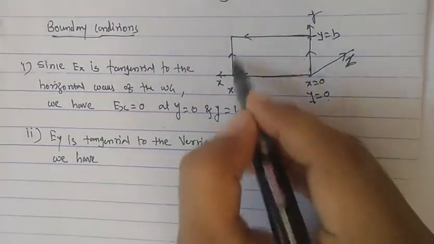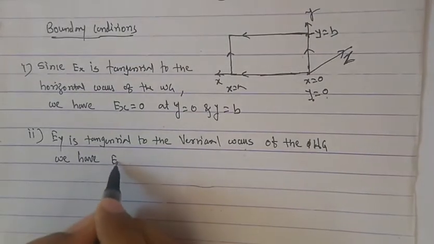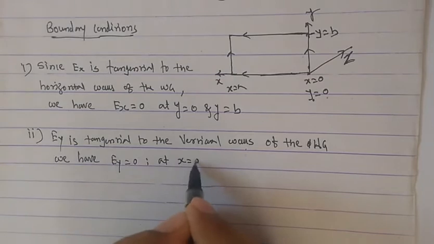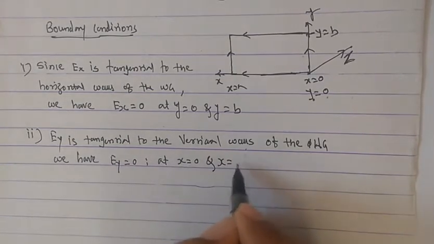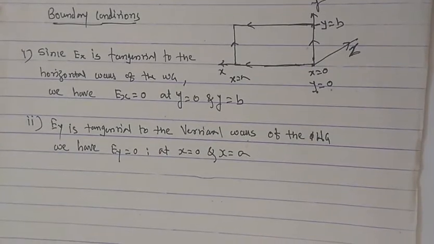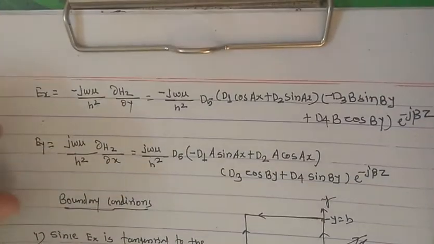So we have Ey equal to 0 at x equal to 0 and at x equal to a. So these are the two boundary conditions we are going to apply for Ex and Ey.